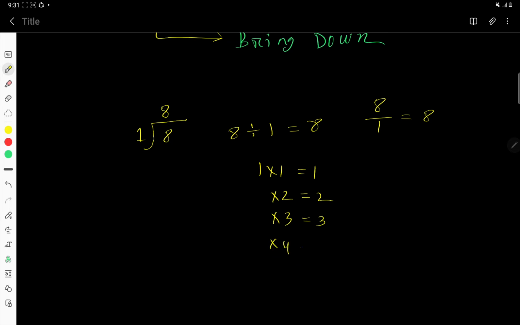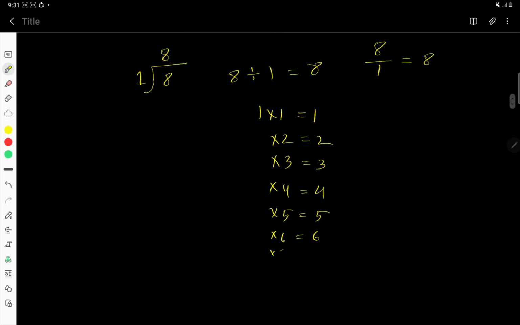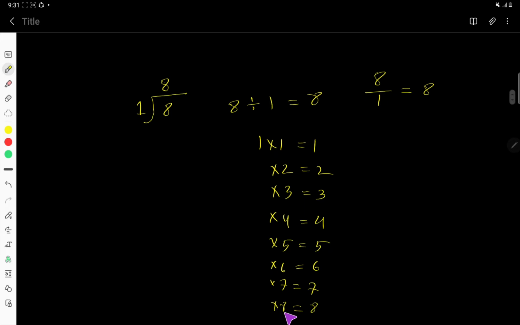Then 1 times 4 will be 4, just add 1 with this 3. 1 times 5 gives us 5. 1 times 6 gives us 6, just add 1 with this 5. This is the technique. Then 1 times 7, 7. 1 times 8, 8. So 1 goes into 8 how many times? 8 times. So write 8.